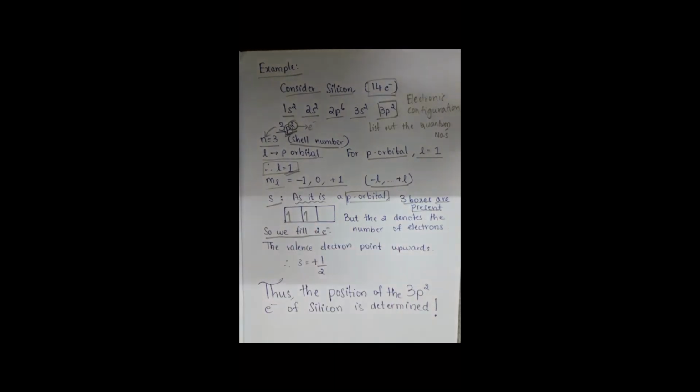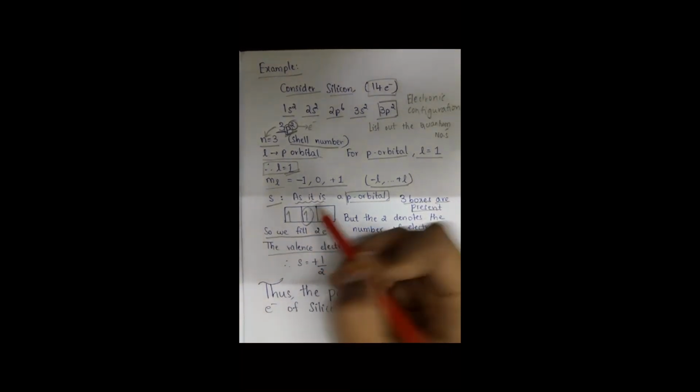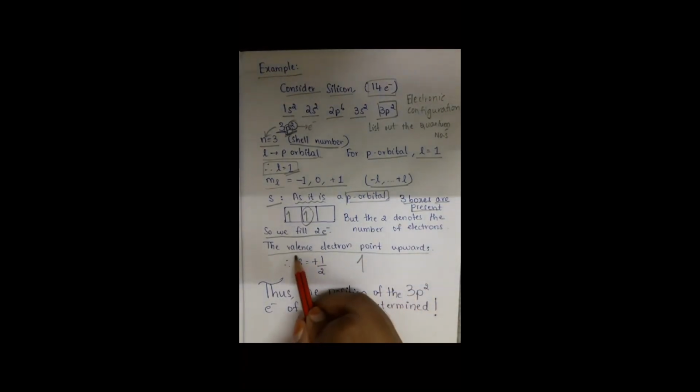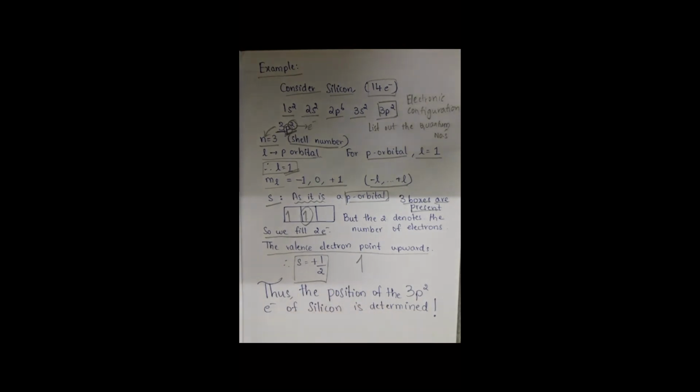What is the valence electron here? Yes, it is the second electron. As the valence electron is pointing upwards, the value of s is +½. Thus, the position of the 3p2 electron of silicon is determined. Thank you for watching.